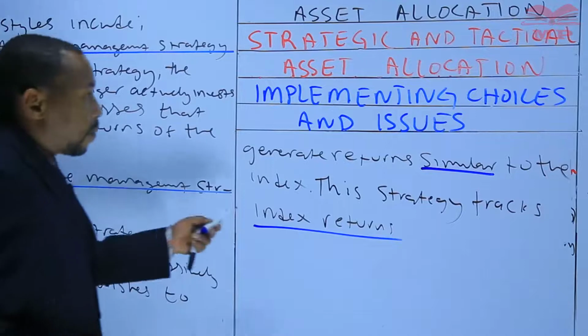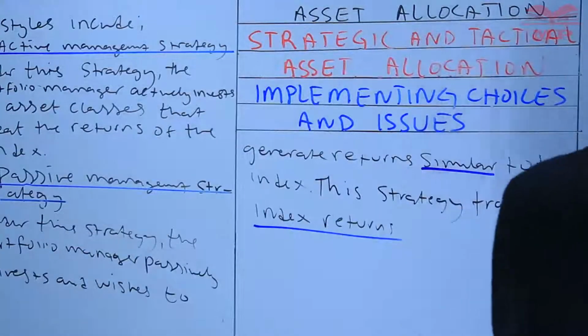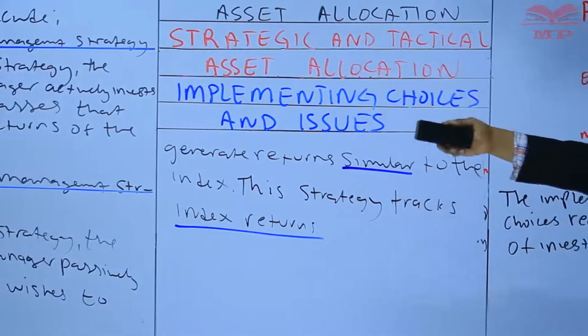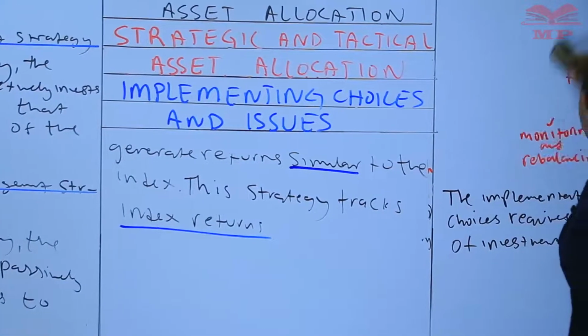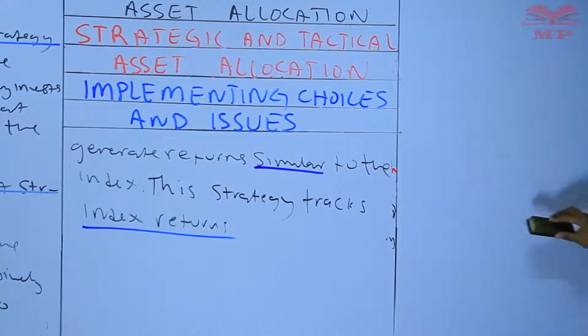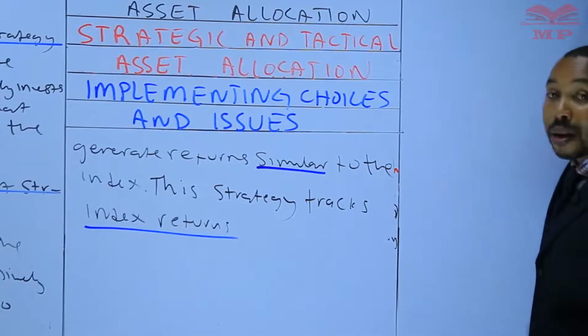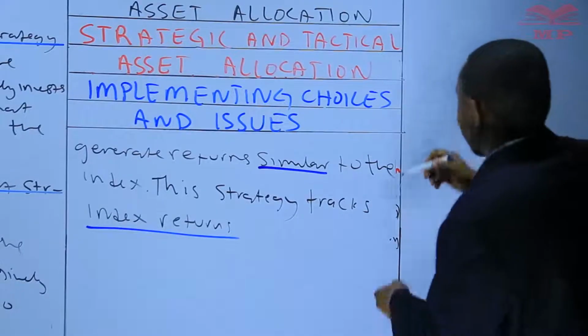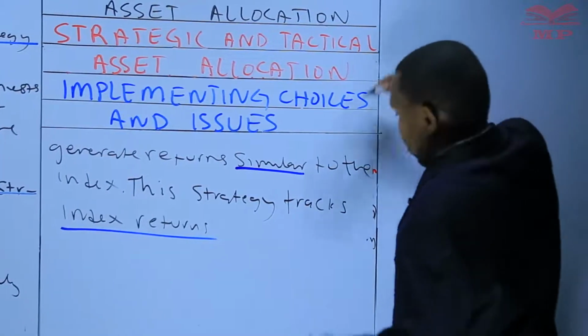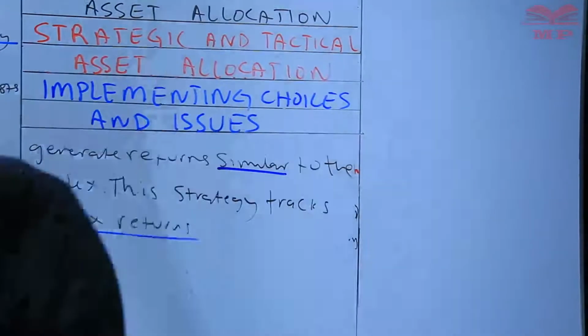Once we have looked at that, we can now have the borderline between active management strategy and passive management strategy. The borderline is called semi-active. Some individuals prefer to pronounce it as semi. Doesn't really matter. So number 3 is semi-active.